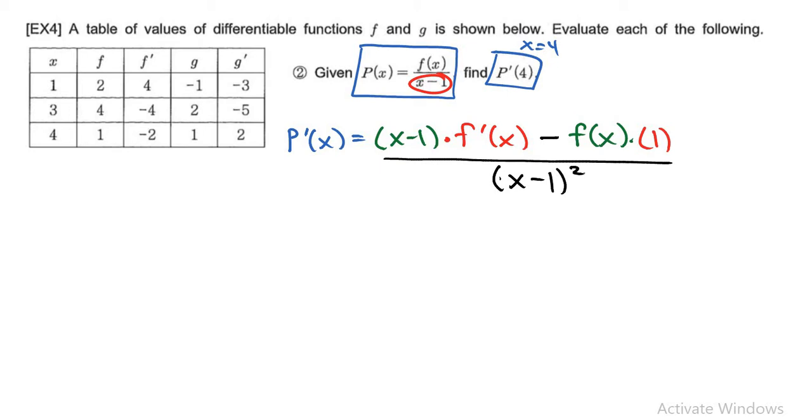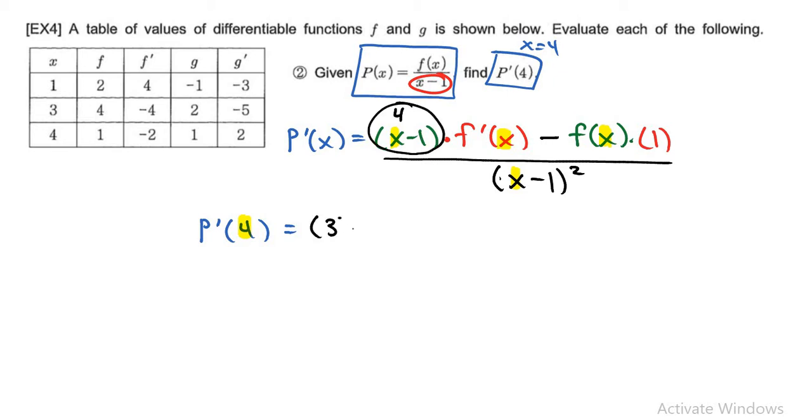Okay, so once we've taken the derivative, our goal is to find p prime of 4. So what that really means is anytime you have an x value, we're going to replace all these x values with 4. So if I put a 4 here, 4 minus 1 here is going to be 3.